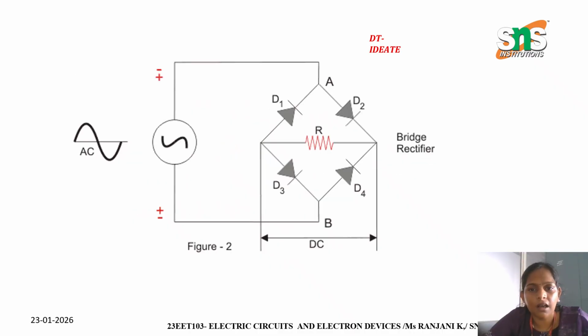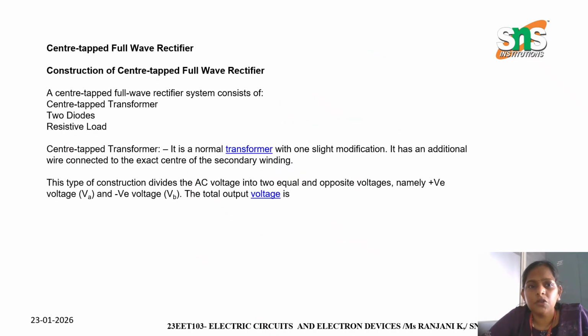Next is how the bridge rectifier acts. This is the diagram for bridge rectification, the second type, where four diodes are connected. In the first half, a positive waveform is generated, and in the second half a negative waveform is generated.